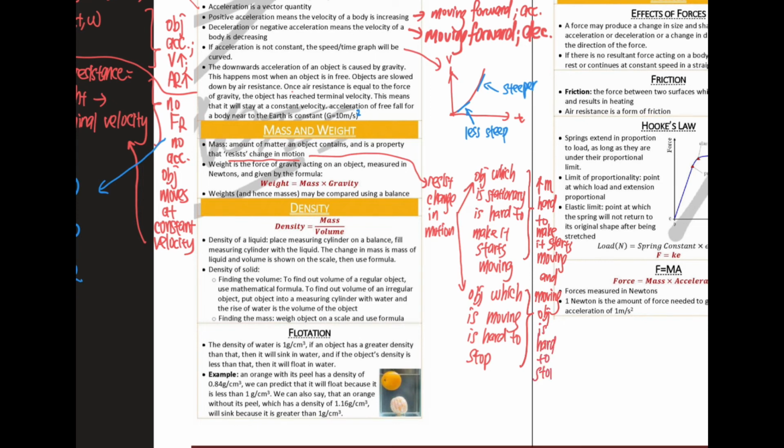So this is the concept behind mass. Remember that. Let's use the elephant as an example. You should be able to take it. Now let's look at the next point.